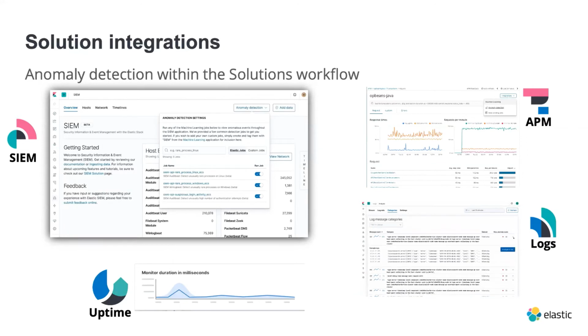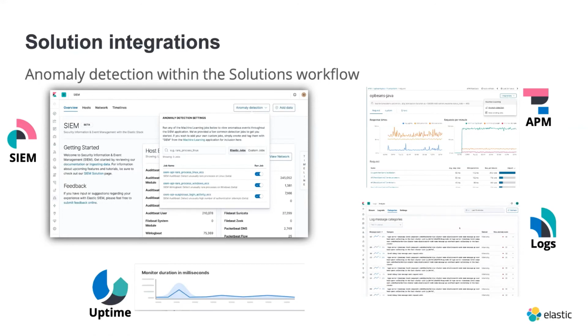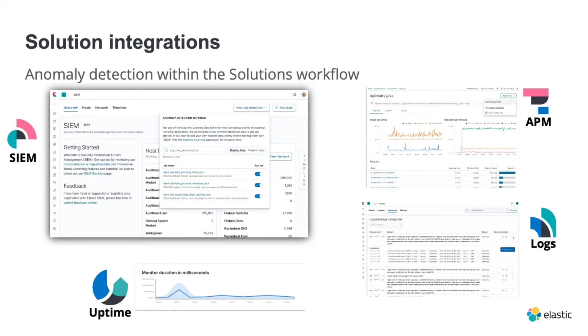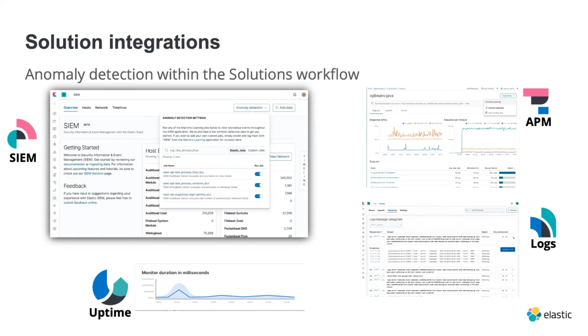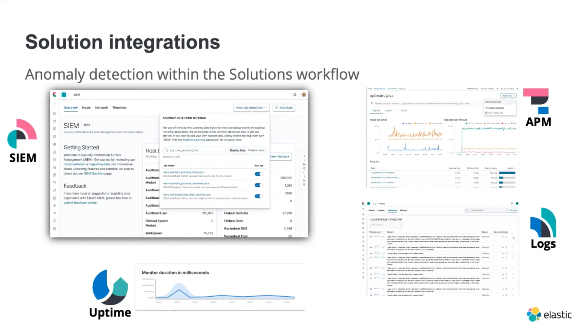And so what you started to see really in 7.7 and more now in 7.9 is all of these different applications are powered by our machine learning engine under the hood.